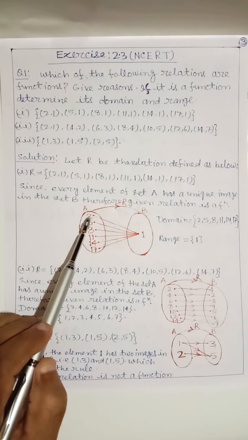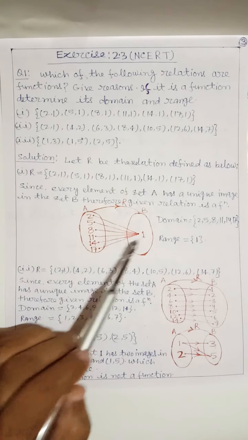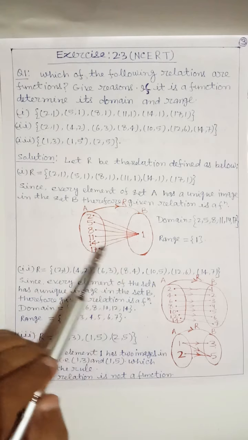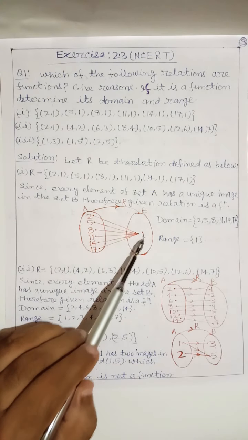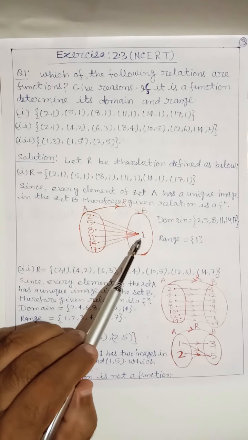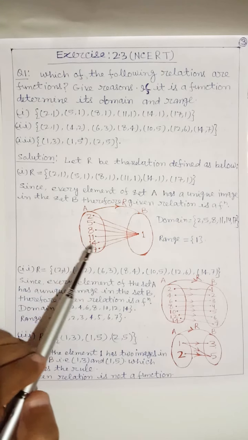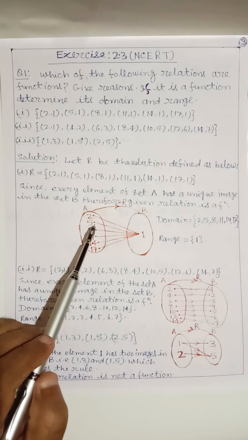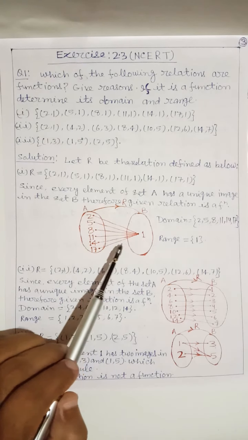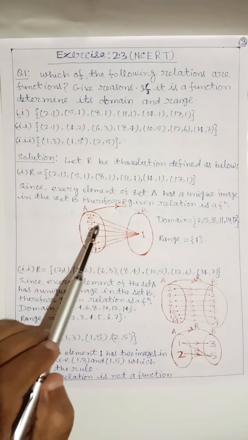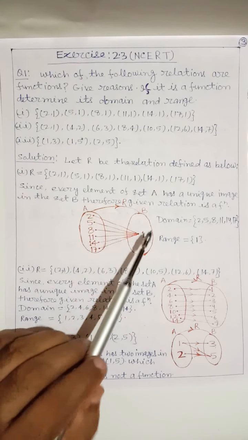Here 2 is related to 1, 5 is also related to 1, 8 is also related to 1, 11 is also related to 1, 14 is also related to 1, 17 is also related to 1. Means each and every element of set A has a unique image in set B here. So this relation is a function.